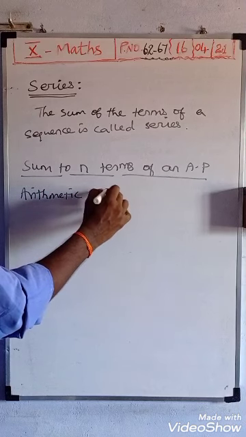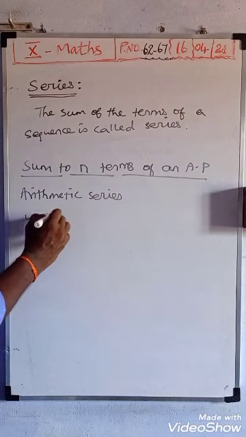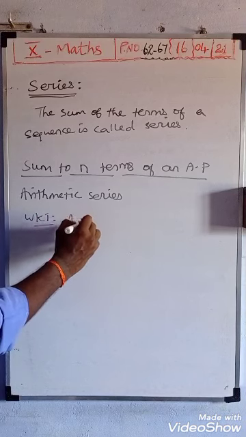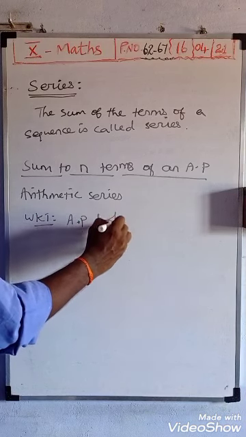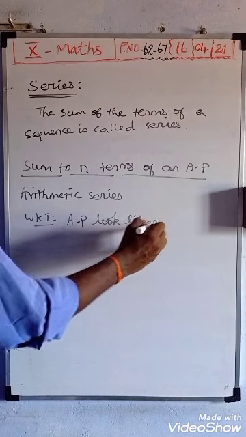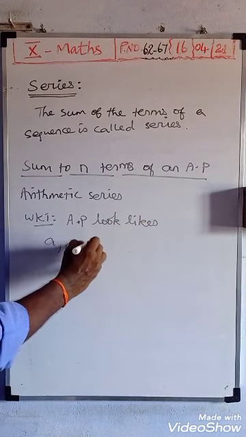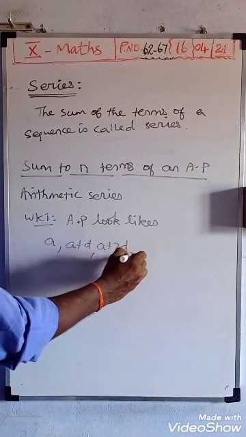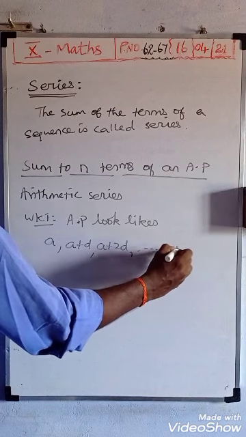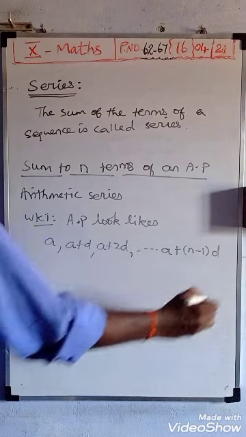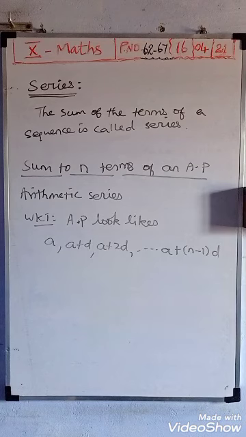We know that an AP looks like a, a plus d, a plus 2d, up to a plus n minus 1 into d. This you should add.